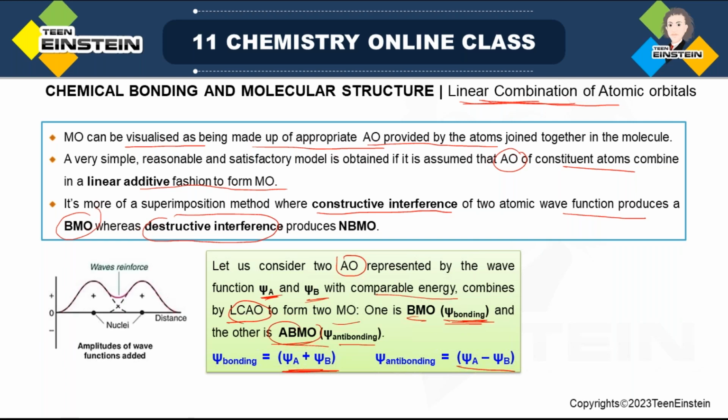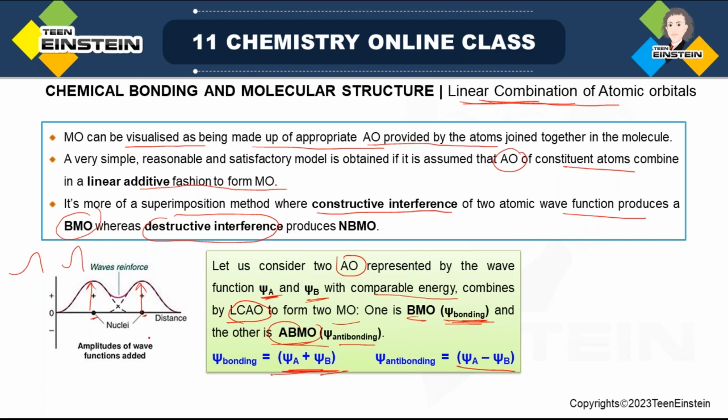So in the picture on the left hand side, suppose this is the nucleus of the first atom, you can consider a hydrogen atom, very simple. And this is another hydrogen. Now individual waves are like this, but when they are combining, both are combined to each other, the amplitudes of the wave functions are basically added. So this is the amplitude for the first wave function. This is the amplitude for the second wave function.